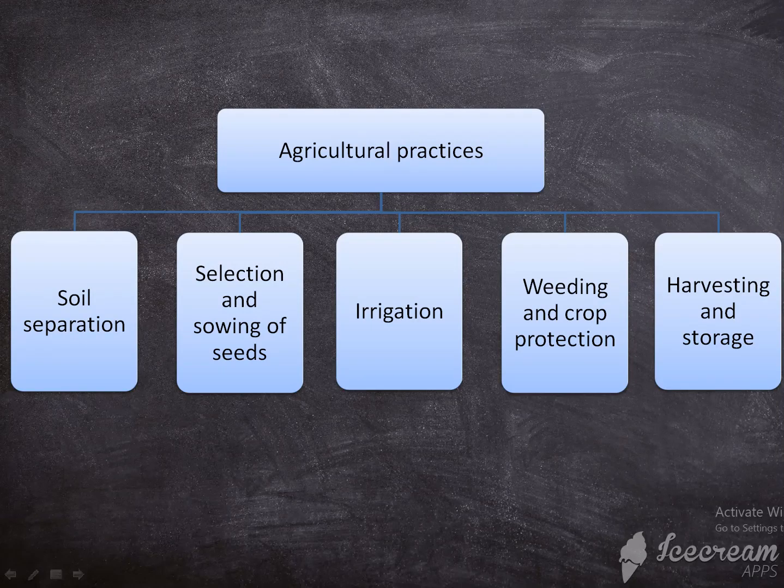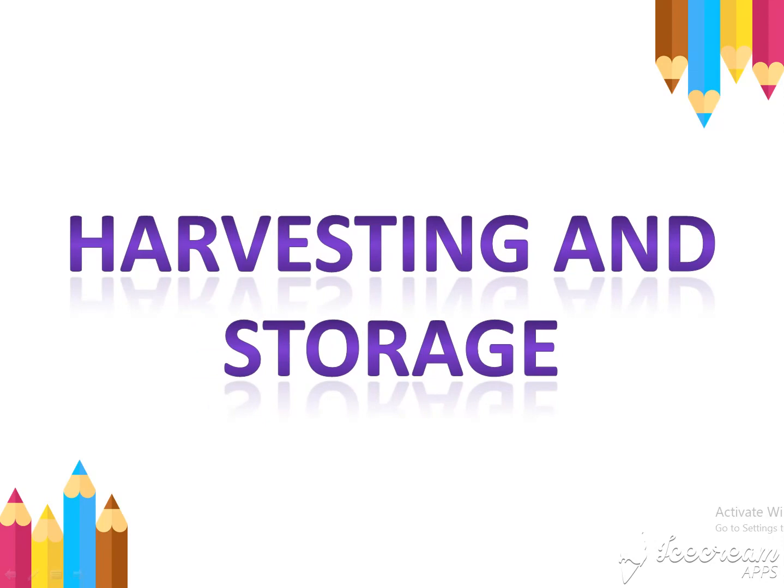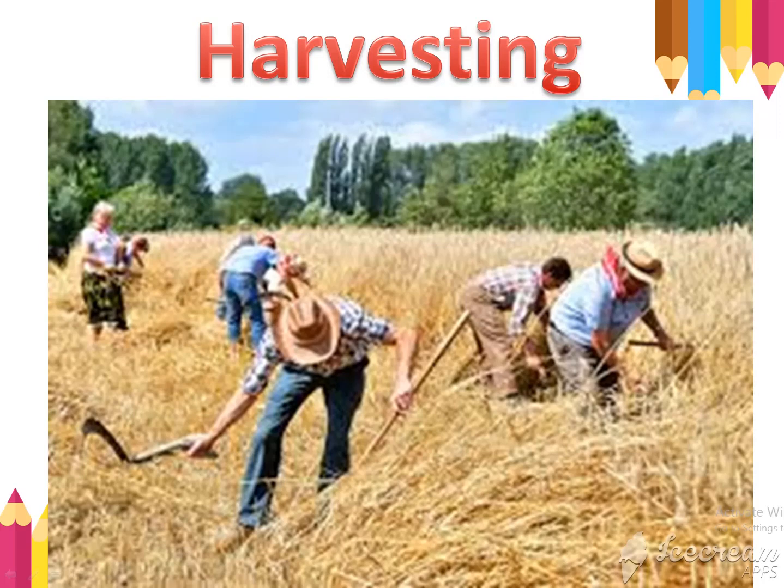The next level in the agricultural practices is harvesting and storage. The process of cutting and gathering of crops is called harvesting.